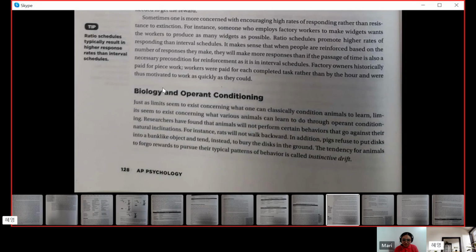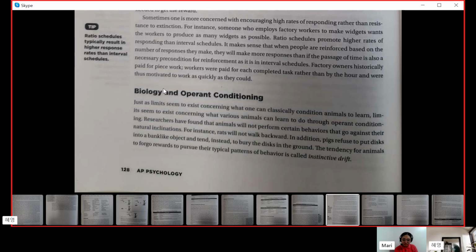Now, biology and operant conditioning. Just as limits seem to exist concerning what one can classically condition animals to learn, limits seem to exist concerning what various animals can learn to do through operant conditioning. Researchers have found that animals will not perform certain behaviors that go against their natural inclinations.